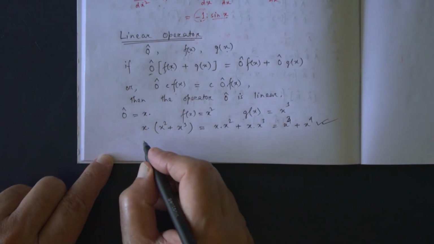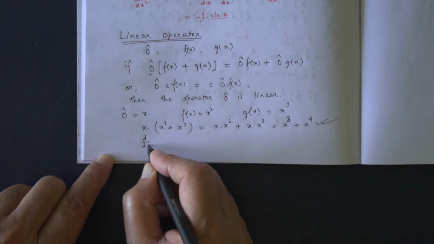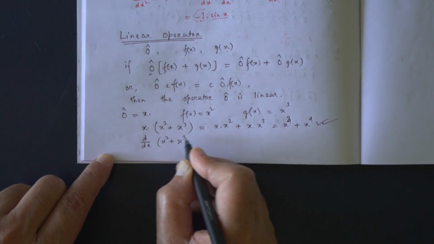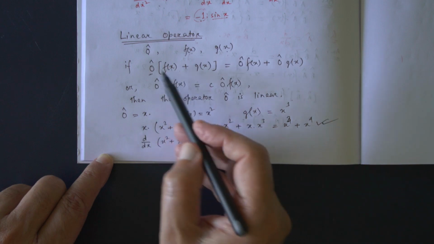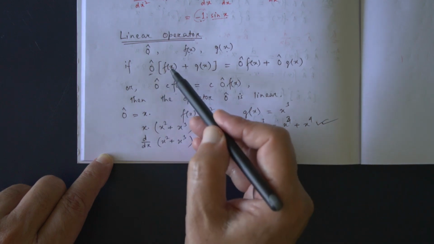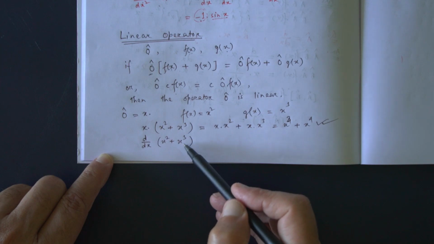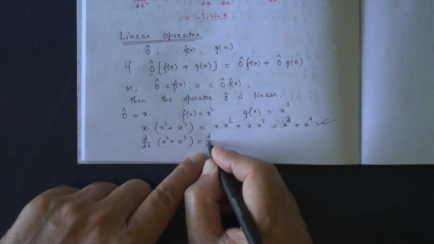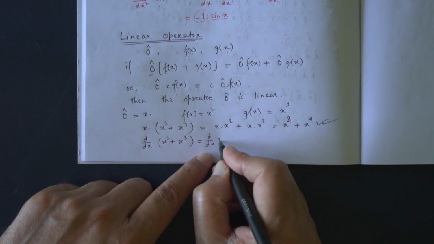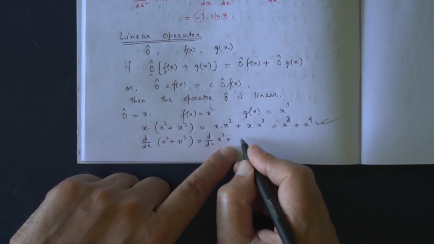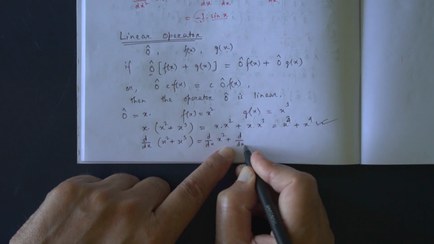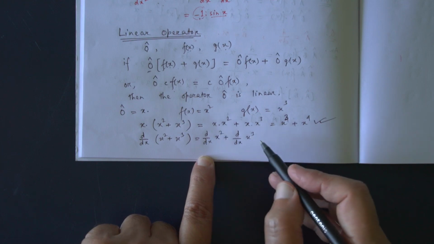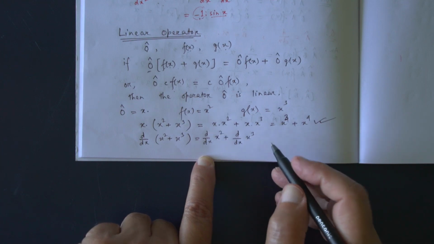Similarly, suppose d dx with x square and x cube. Now the operator is d dx, f(x) is x square and g(x) is x cube. So we can write d dx x square plus d dx x cube. This is possible.